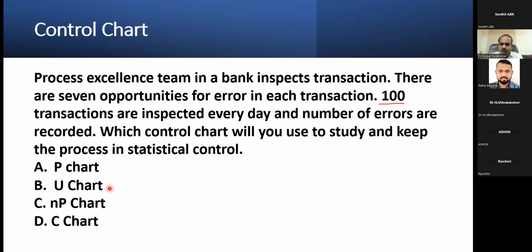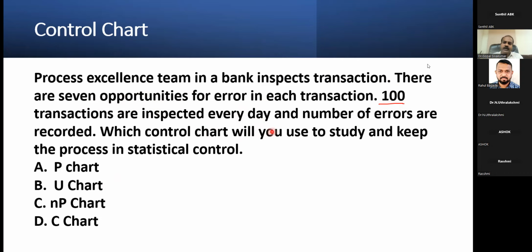Now, what are they talking about? Are they talking in terms of defect or defective? Defects. Because in every transaction, there are 7 types of defects possible, and out of 100 transactions, they are studying the errors with respect to all 7 opportunities.